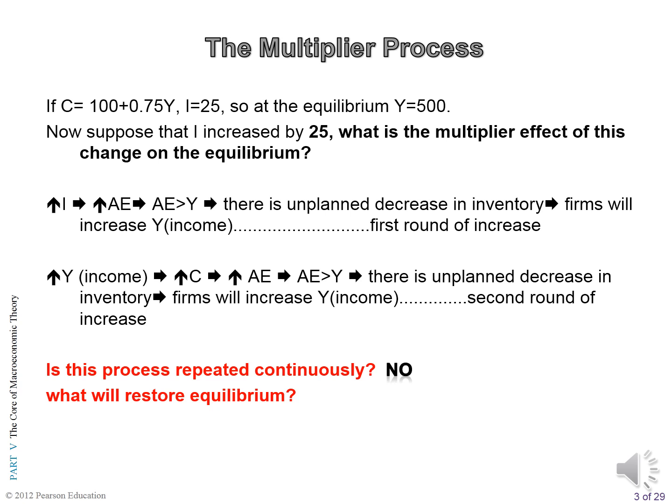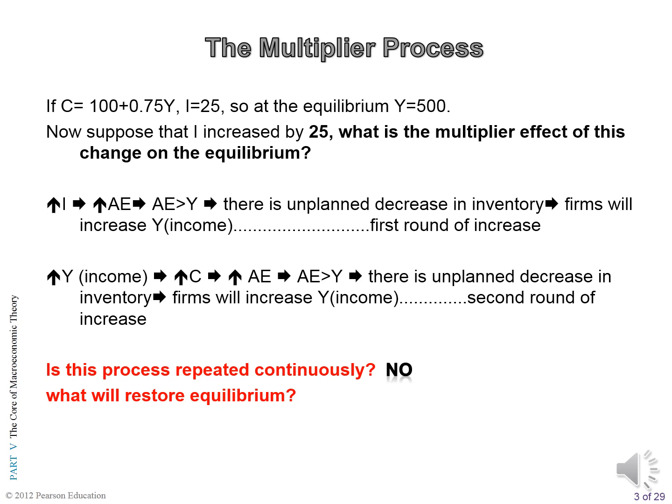Actually, the equilibrium will be restored because the increase in income will increase consumption and increase saving as well. So at the beginning, when there is equilibrium, S equals I, saving equals investment. Investment increased by 25.